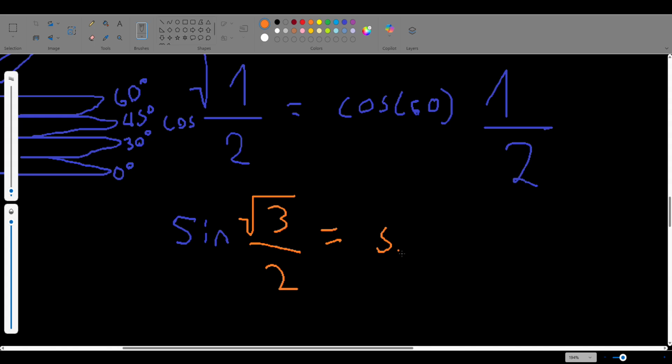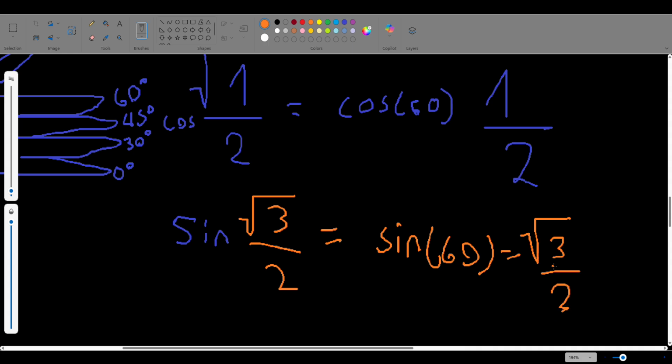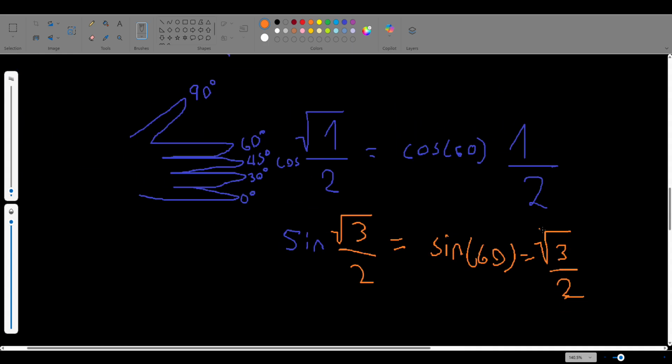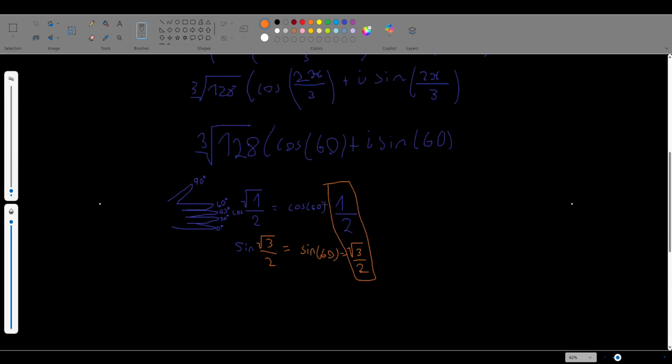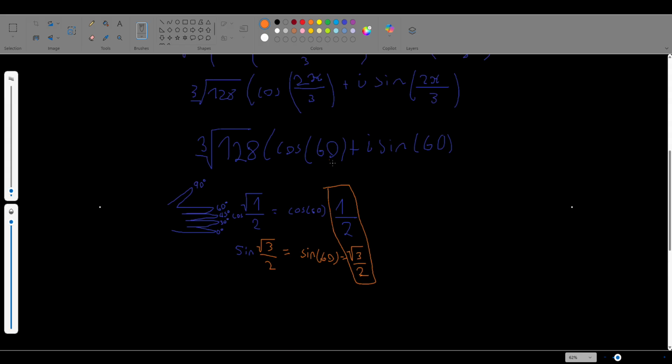So sine of 60 is equal to the square root of 3 divided by 2. So basically now we found the cosine of 60 and we found the sine of 60.